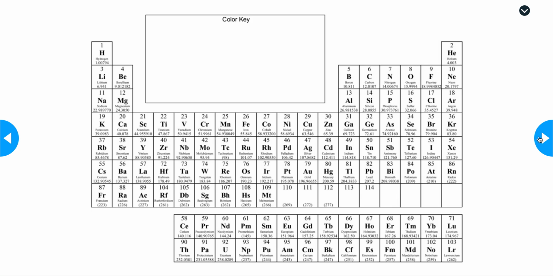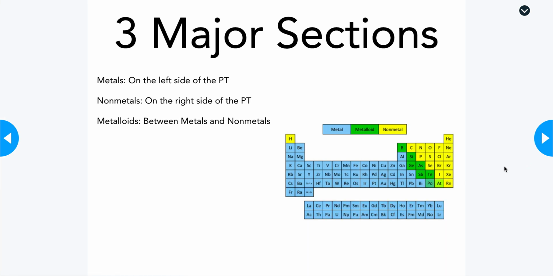So hopefully you have this in front of you because we're going to do our first kind of grouping of the periodic table. And that is the 3 major sections of the periodic table. So you can see them here in blue, green, and yellow. Metals are going to be on the left-hand side of the periodic table, and they are all of these ones that are in blue.